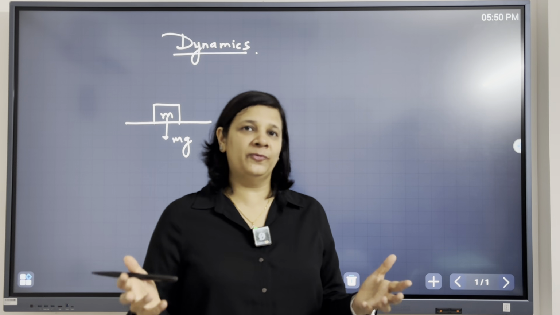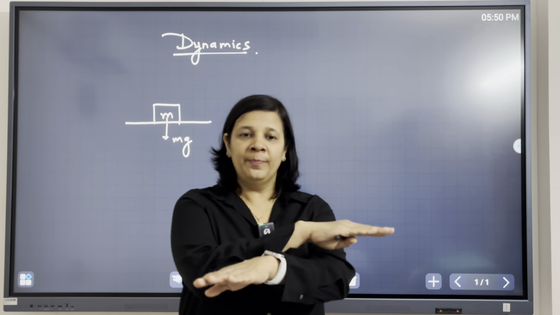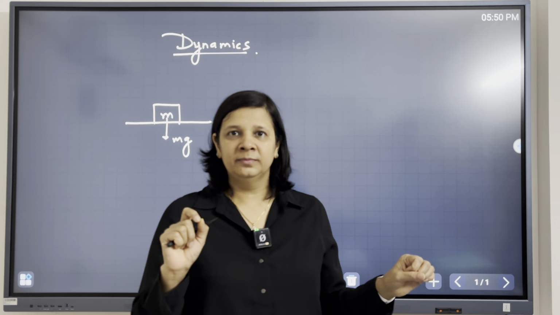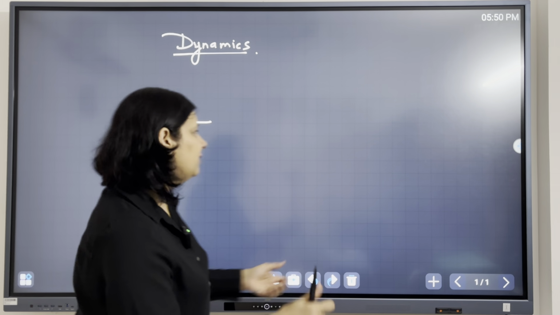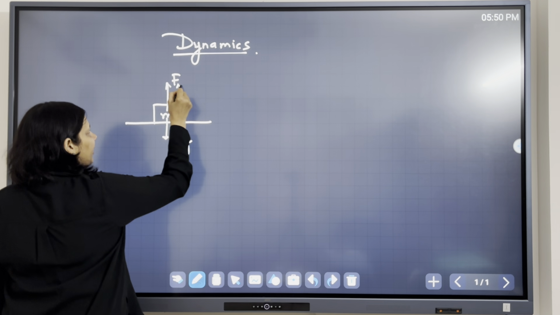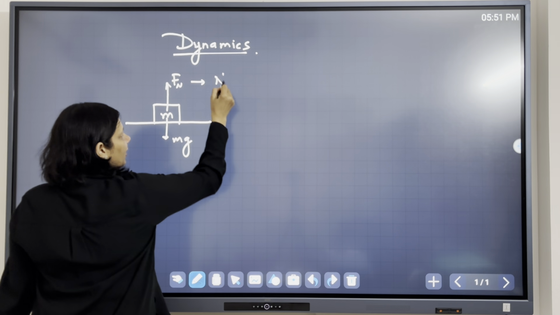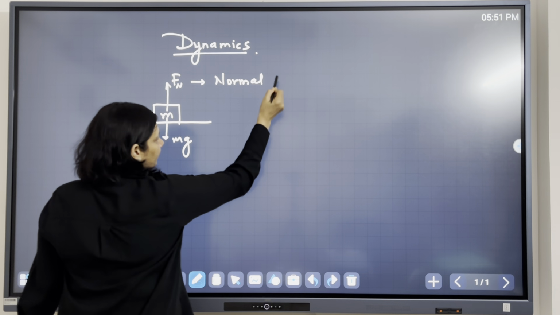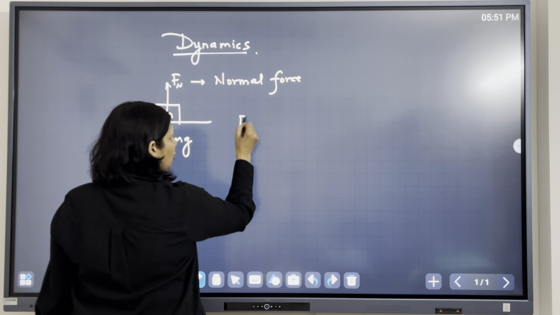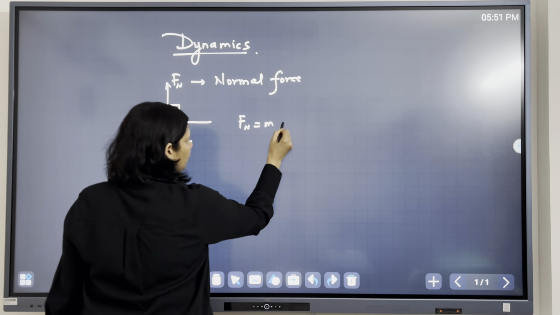And this is the force which is exerted by the surface, and it is perpendicular to the surface, which is called the normal force. So this is the normal force Fn. I am representing this by Fn. So in this case, when the object is at rest, normal force is equal to m into g, right?